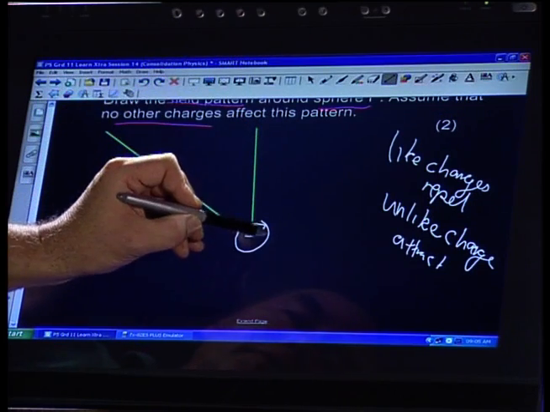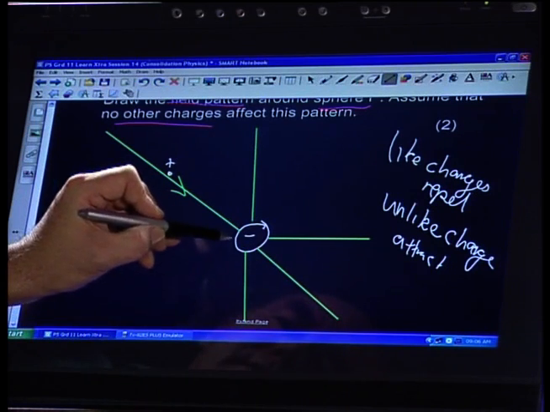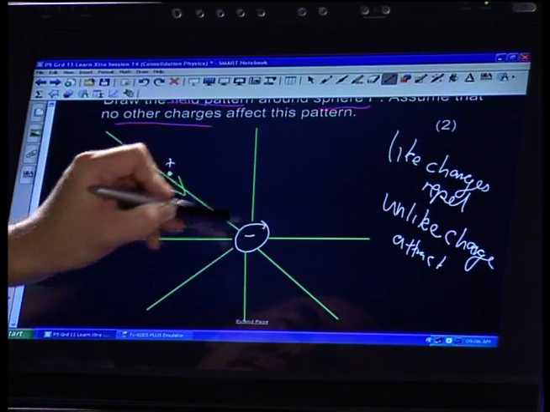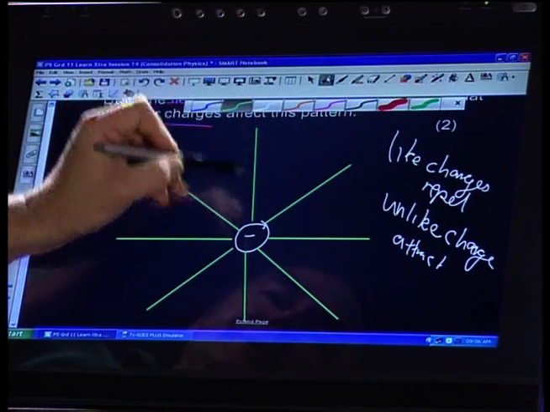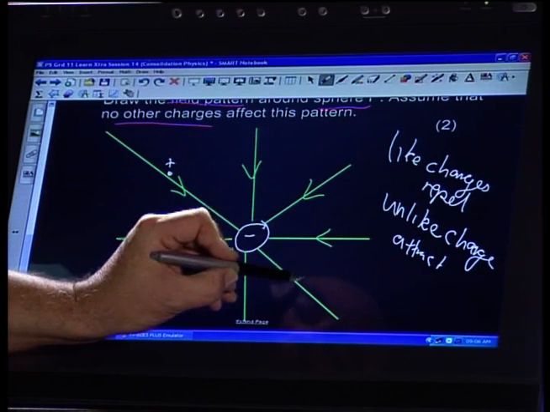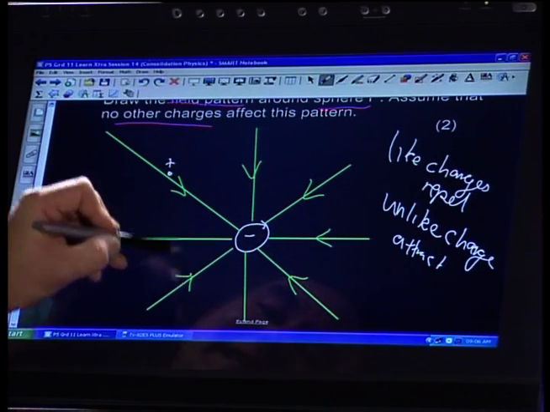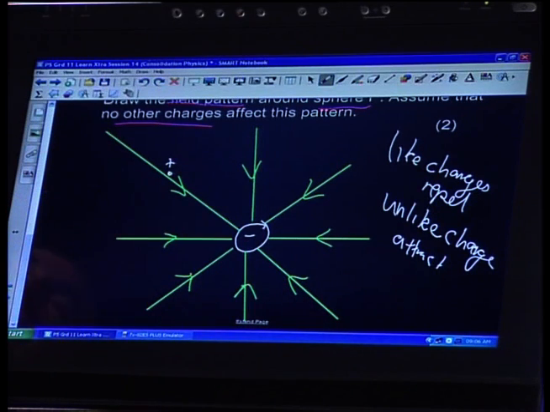So I'm just going to put a few in. There we go. Put the arrows on them so that we make sure that we've shown the direction of the field. And because it's a negative charge, the test charge is always positive. We can see there's the field line pattern.